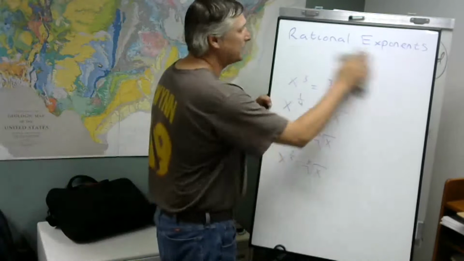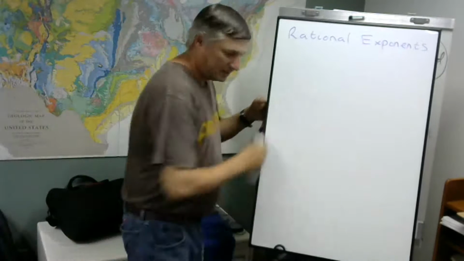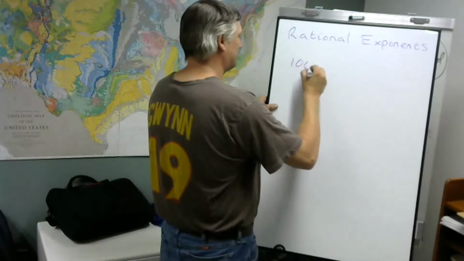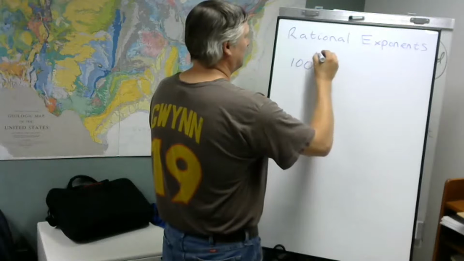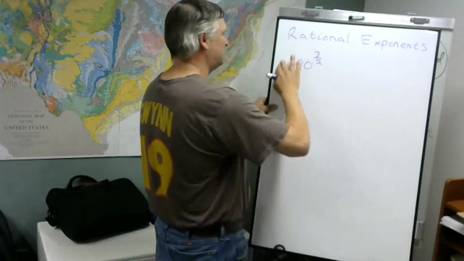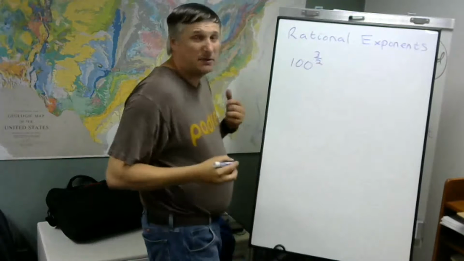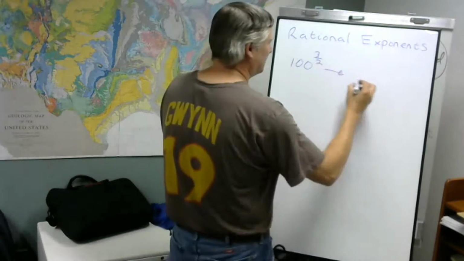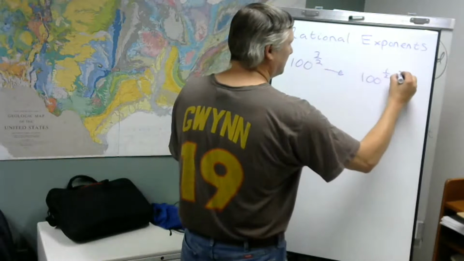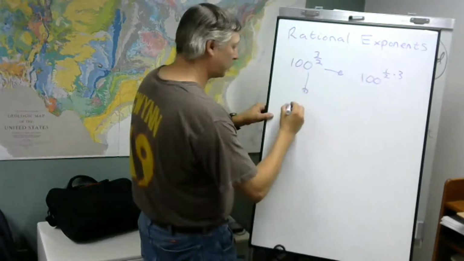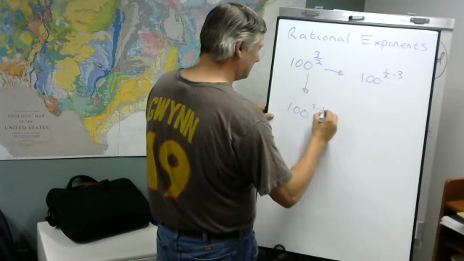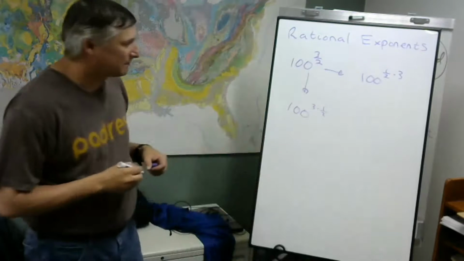Now what we'll do is we combine these. So let's say we have something like this. We could think of this as two things: 100 to the 1/2 times 3, or 100 cubed times 1/2.